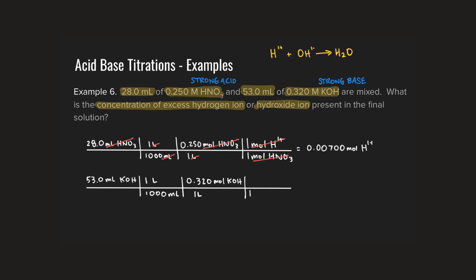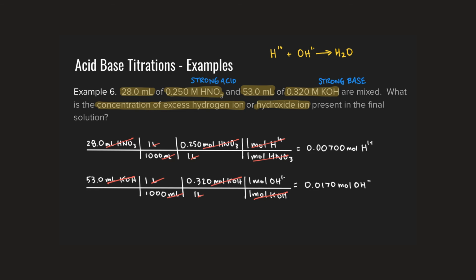And because this is, again, a strong base, I know that 1 mole of KOH will dissociate into 1 mole of OH negative anions. Again, cancel out my units, milliliters with milliliters, liters and liters, moles of KOH cancel, and I'm left with moles of hydroxide ion. And I get now 0.0170 moles of hydroxide ion were present as that base dissociated.